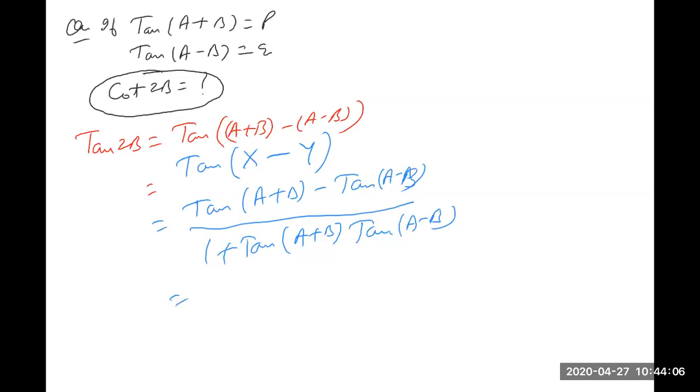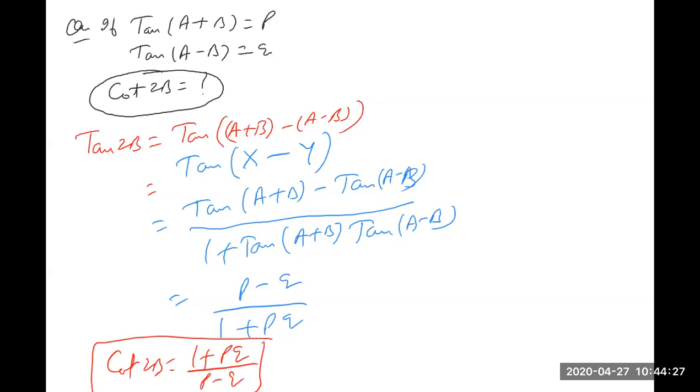So put the value: tan of A plus B is P, so this is P minus Q upon 1 plus PQ. So cot will be the reciprocal of this. So the final answer will be cot of 2B is equal to 1 plus PQ upon P minus Q. This will be your final answer.